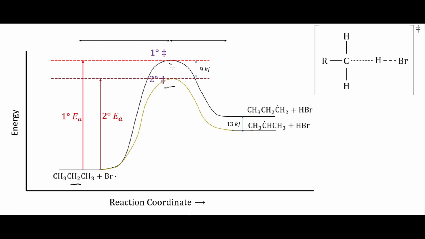So the primary carbon is going to be higher activation energy than the secondary carbon by 9 kilojoules per mole. And again, the secondary is more energetically or thermodynamically stable than the primary by 13 kilojoules per mole here.